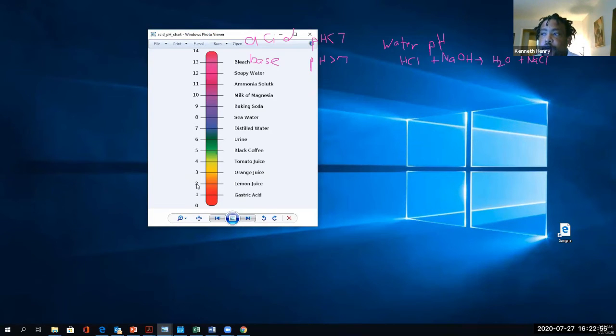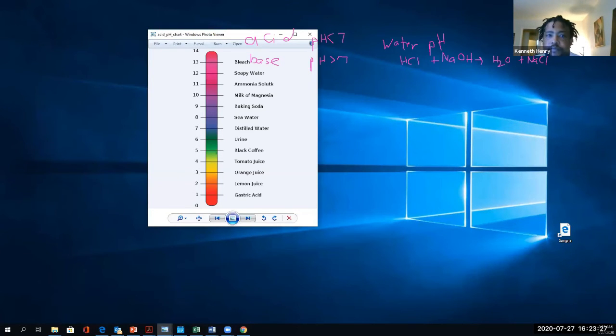As we increase the pH of our scale, as it gets to neutral, which would be where we have water, so when we have a balanced equation, if these are completely balanced in terms of the number of moles, they're equal to each other, then you're going to have this reaction. If we have more of the acid, then the solution as a whole is going to be more acidic. If we have more of the base, the solution is going to be more basic.